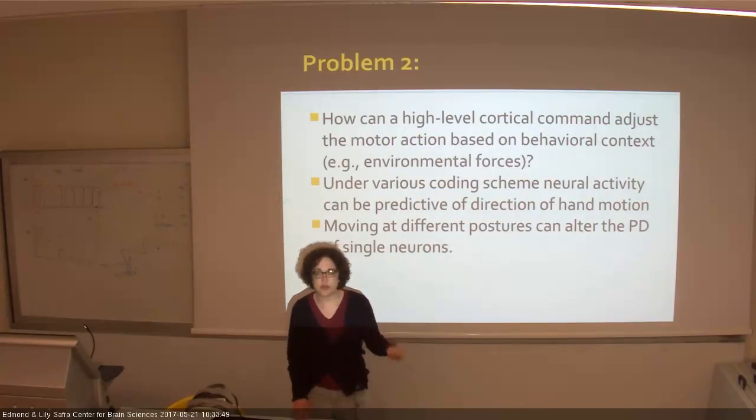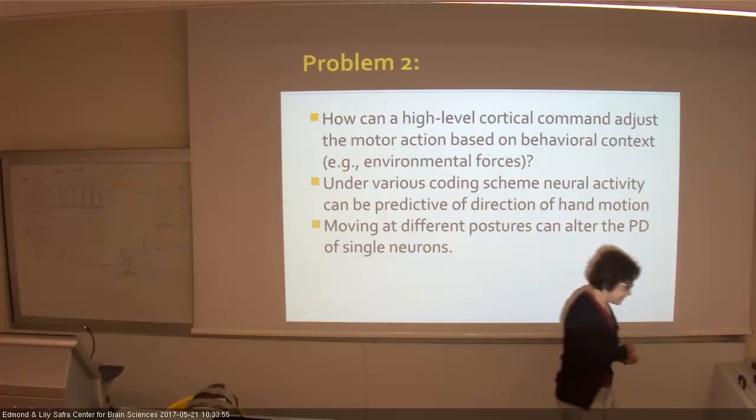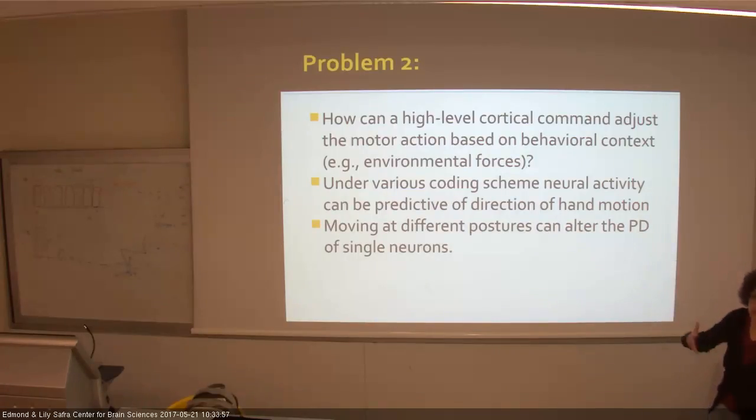So, for example, if we are facing environmental forces or any other type of interactions with the environment that can change with time, the high-level cortical command that Georgopoulos described has basically no access to this information, because it is very abstract and it's not clear how these ongoing changes in the environment will affect the command.